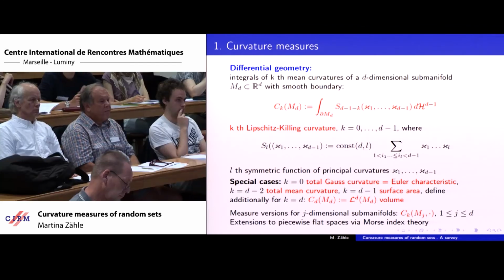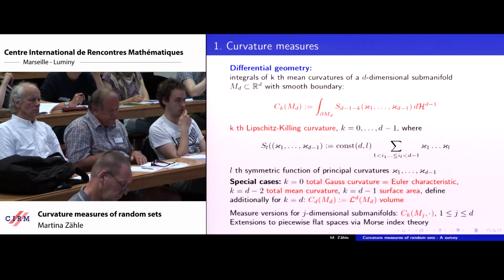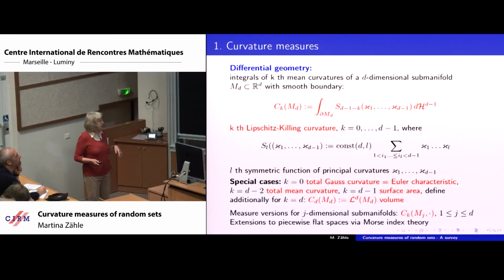This is also well known. As I mentioned, lower-dimensional versions are available, and you can also extend this to local versions: if you add an indicator function of a Borel subset, you arrive at the measures. This is the context of smooth geometry.